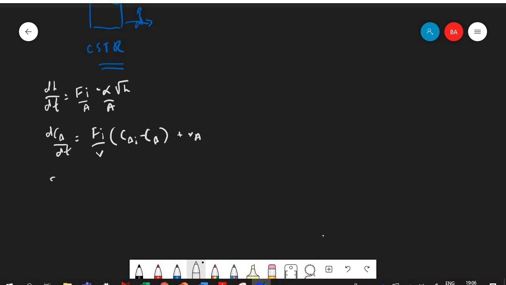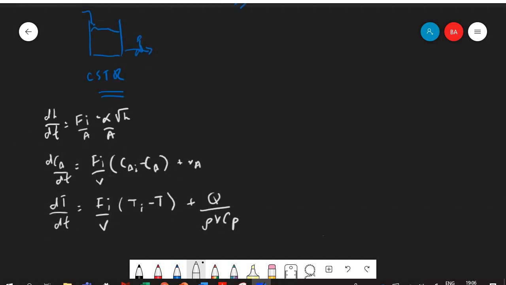And for the temperature, dT by dt is equal to Fi over V into Ti minus T plus Q over rho VCP. Of course, Q is the term for the heat transfer, and we developed that. So these were the equations that we developed for the CSTR.